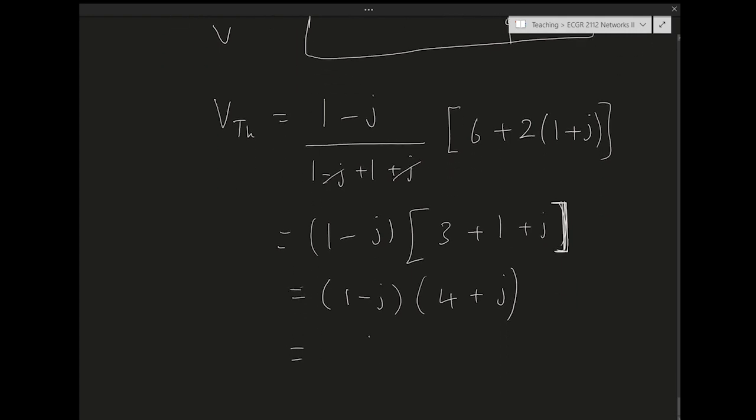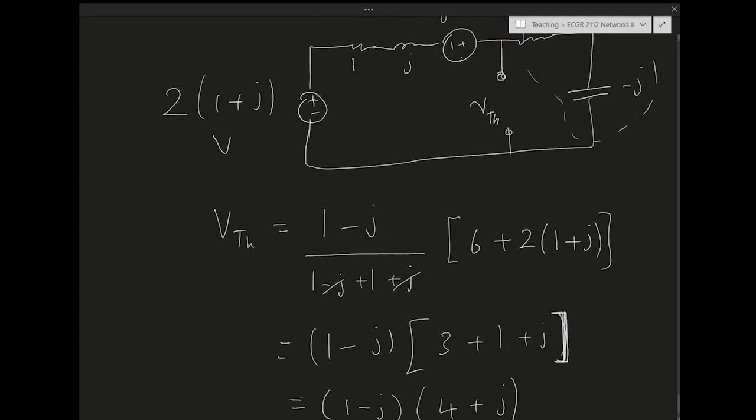So this is 1 times 4 is 4, plus 1, 5. I'm getting a similar result. And then minus 4J plus 1J, it's going to be minus 3J, right?